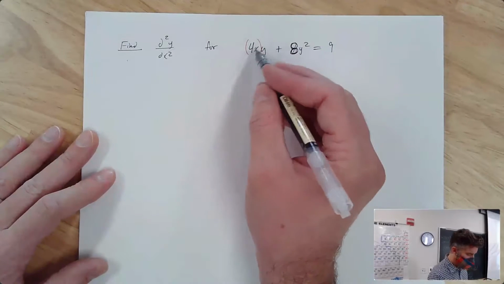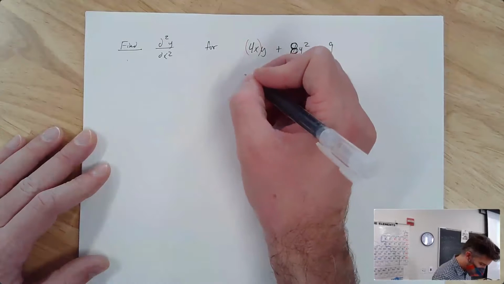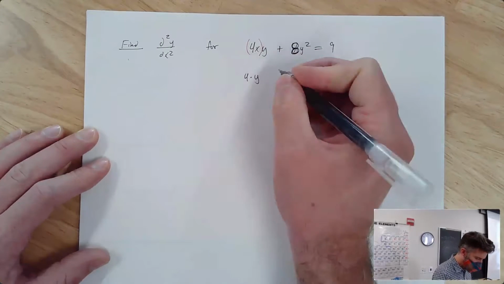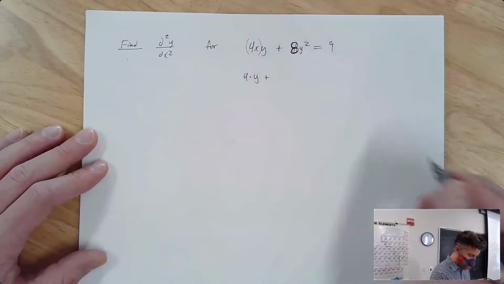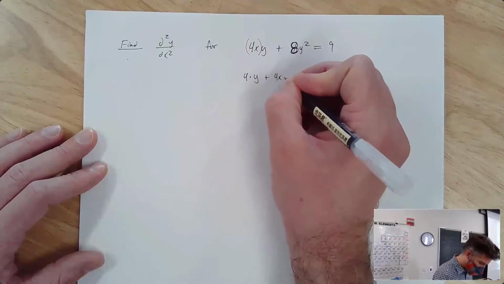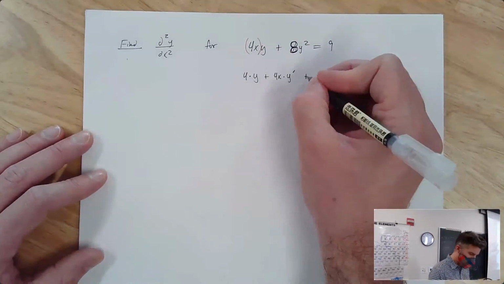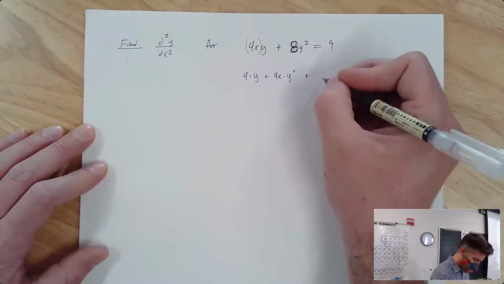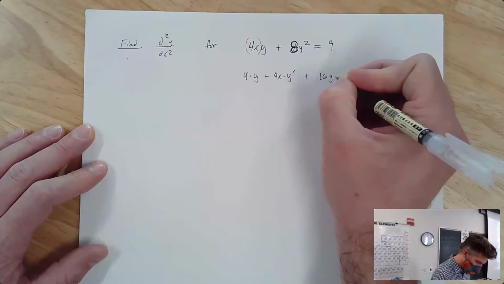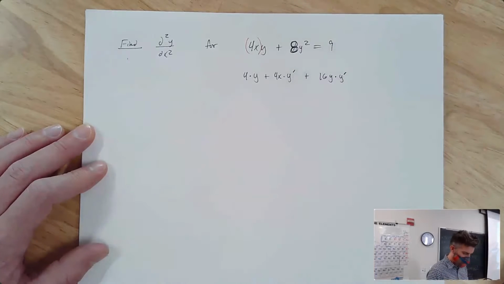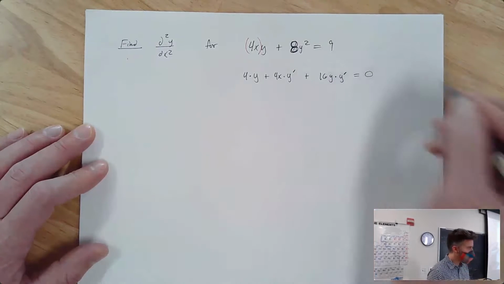So the derivative of 4x times y is the derivative of 4x times y plus, vice versa, the 4x times the derivative of y, plus the derivative of 8y squared, which is going to be 16y times y prime equal to 0.